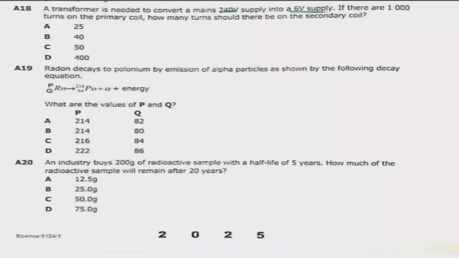So what we can do is first come up with the number of volts on the primary divided by the number of turns on the primary, which is equal to the number of volts on the secondary divided by the number of turns in the secondary. Now we replace them with the numbers.